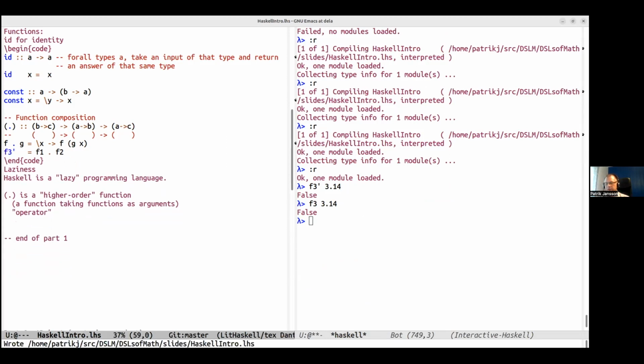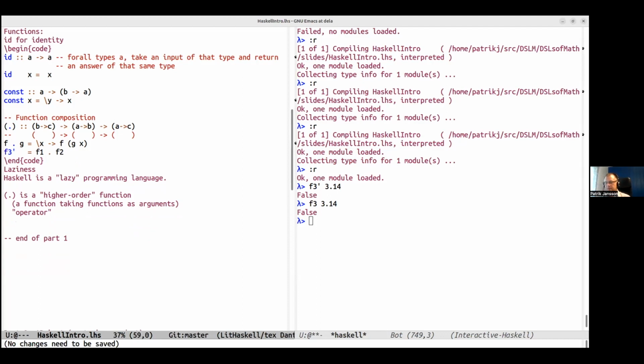So what have we done here? Well, we've implemented 3 polymorphic functions, and especially the last one is really useful in programming. You very often want to thread values through 1, 2, 3, 4 functions. Sometimes in shell scripts and so on, you use a bar, a pipe sign, a vertical bar for this, but here it's a dot.